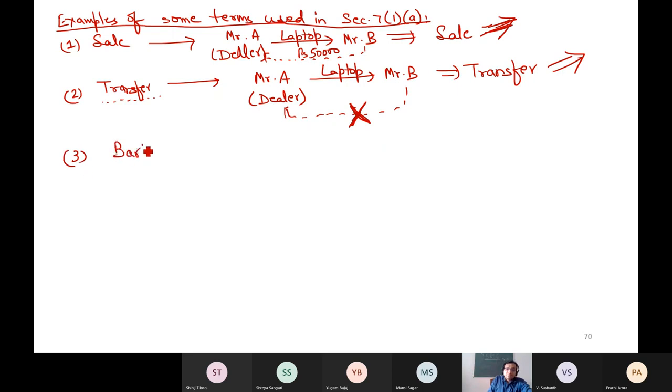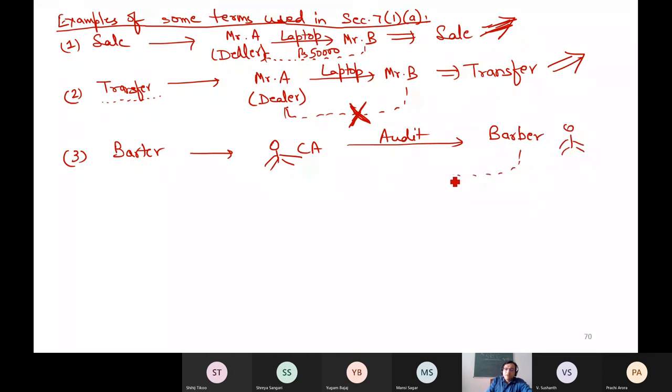What is barter? A GST expert, or a chartered accountant, gave some audit services to a barber. But the barber did what? The barber did facial or hair cutting of this chartered accountant.